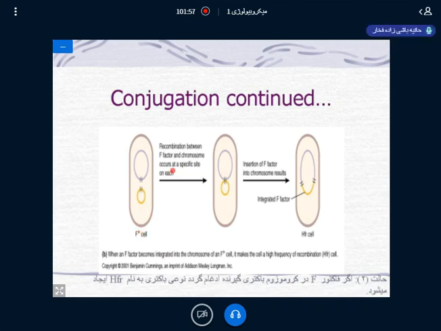Recombination between F factor and chromosome occurs, as in the last slide. It means in the chromosome of bacteria, this is the chromosome of the bacteria which receives DNA, the donor DNA, they insert the plasmid factor inside the chromosome. We have this. We call this Hfr. Draw, please.